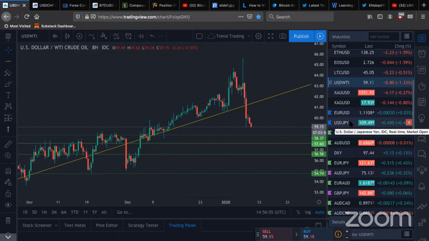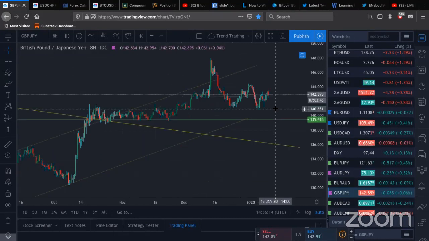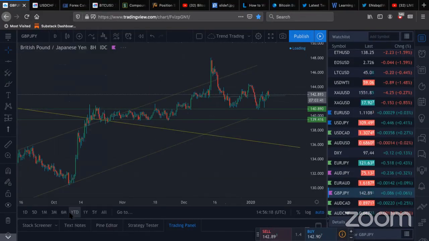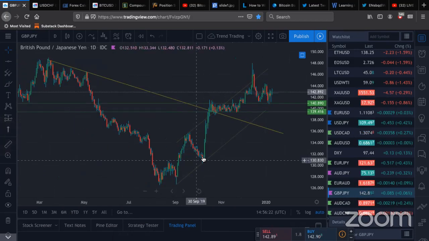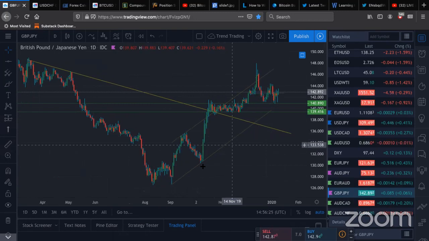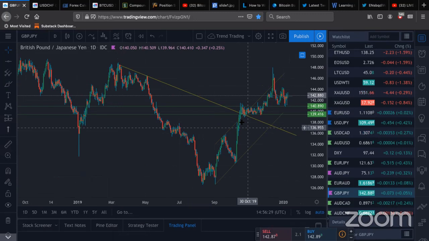As far as the pound, let's take a look at both the pound Japanese yen and pound US dollar as we answer that. They're looking pretty bullish overall. Pound Japanese yen has this nice break.